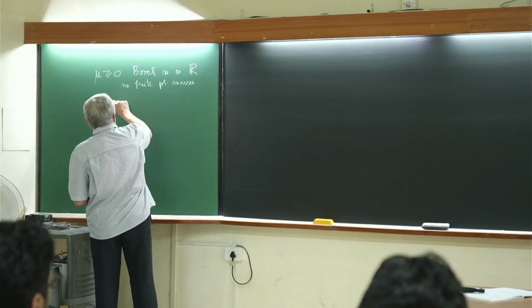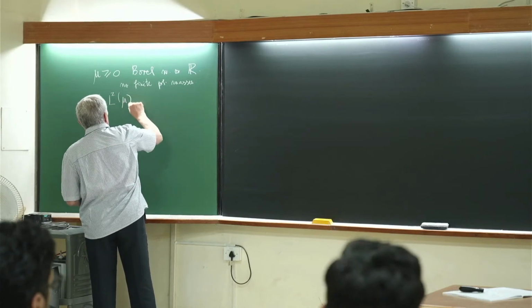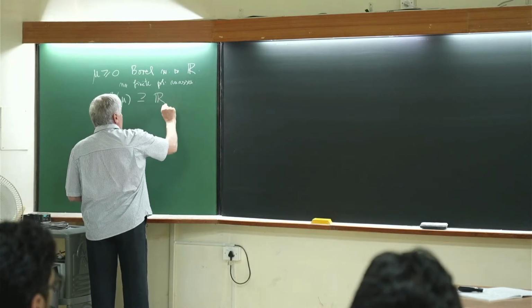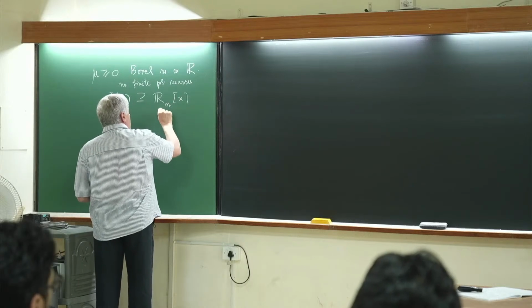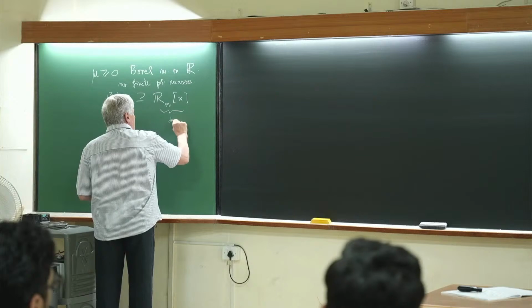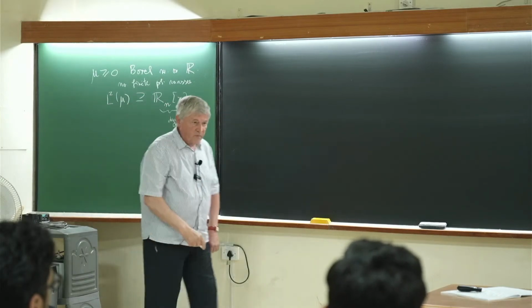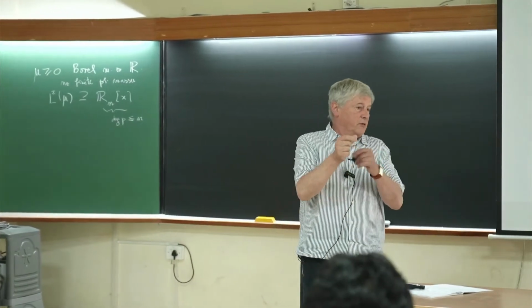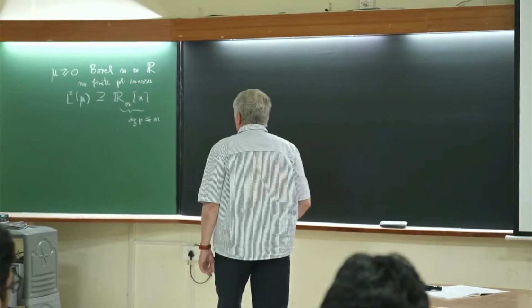That means that in the Lebesgue space we can embed all polynomials of degree less or equal than n. Because we don't have only finitely many point masses, this separates the points, and we have this embedding for every n.